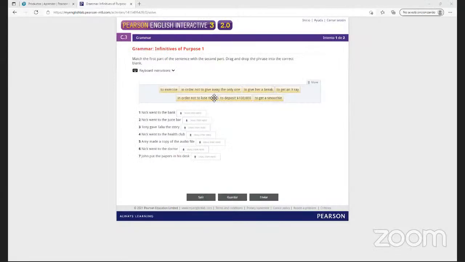Great. So let's start with the grammar, first exercise. Infinitive of purpose one. Let me share. I'm gonna share my screen.